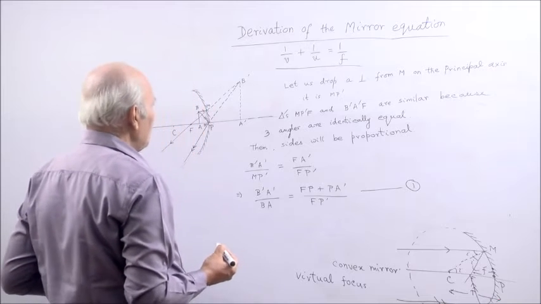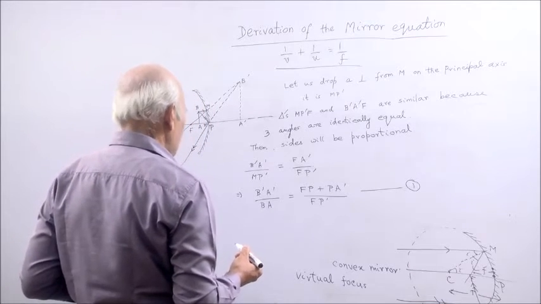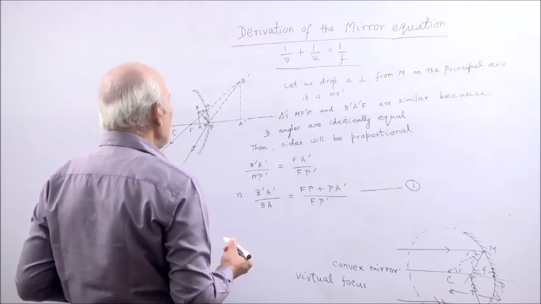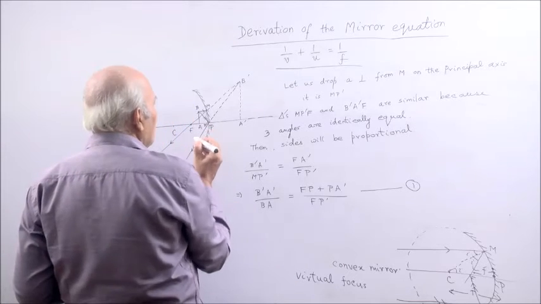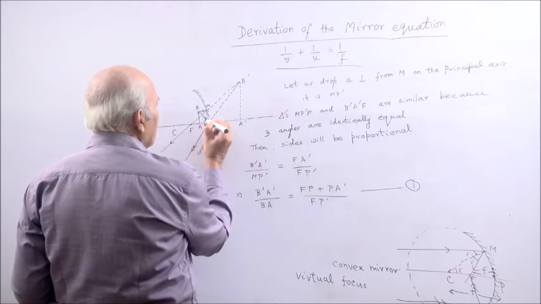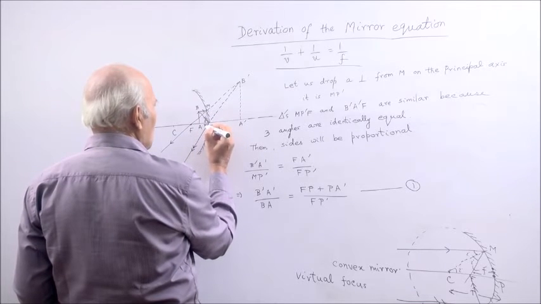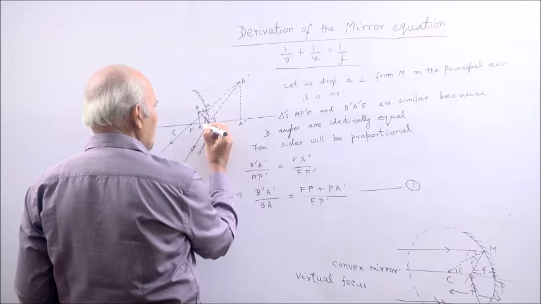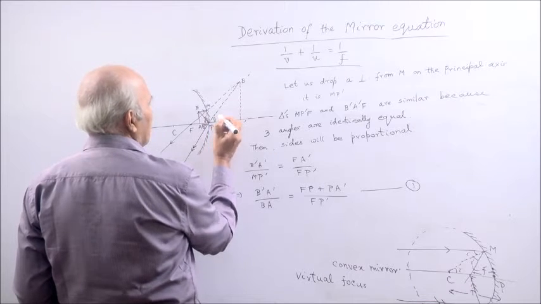Then we have to search for two more triangles which will be similar. You can see from this figure that this angle is equal to this angle, because this angle is the same as this one due to reflection, that is opposite to that.